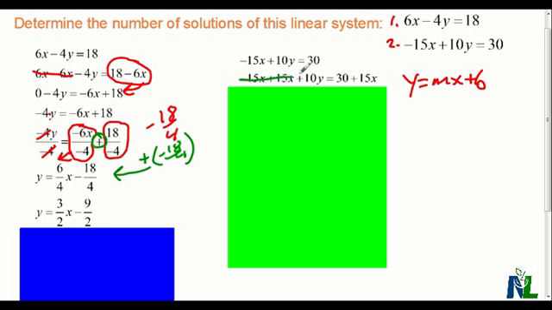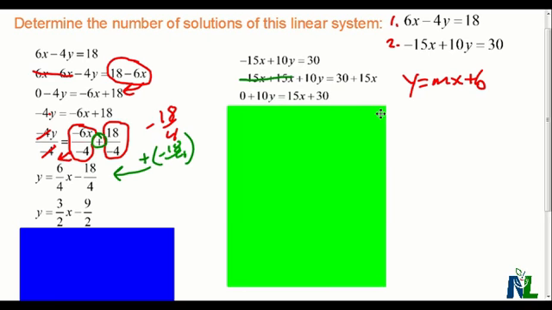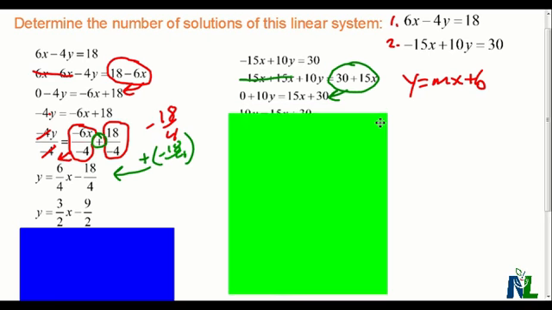Negative 15x plus 15x is going to be 0. So on the left-hand side, I'll have 0 plus 10y. On the right-hand side, I'm going to rearrange this 30 plus 15x, and I'm going to write that as 15x plus 30. 0 plus 10y on the left will be 10y, and on the right, I'll have 15x plus 30.